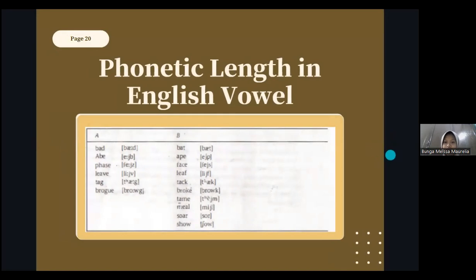Okay, the next is phonetic length in vowels. English vowels are shorter before voiceless consonants, before sonorant consonants, and in word final position. They are longer before voiced non-sonorant consonants.